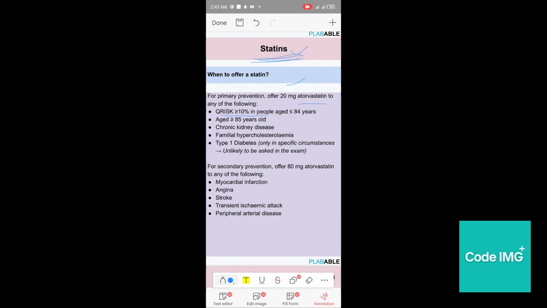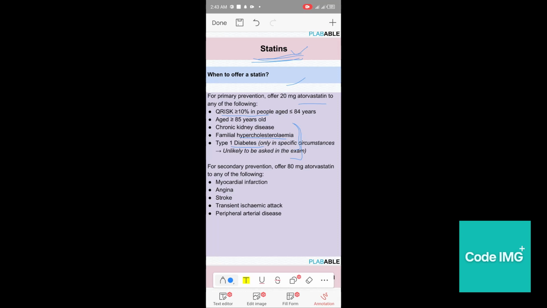Then there are other categories, like CKD, familial hypercholesterolemia, and type 1 diabetes, where you need to give primary prevention. So we have three things over here. Those who are 85 and above, you give them even if they do not have anything else, no diabetes, no hypertension.